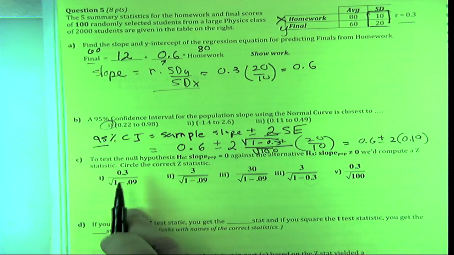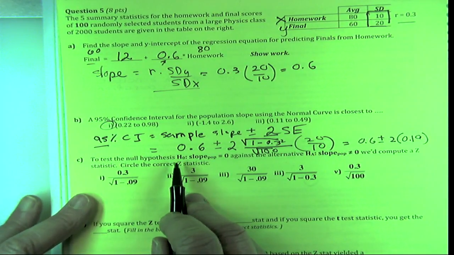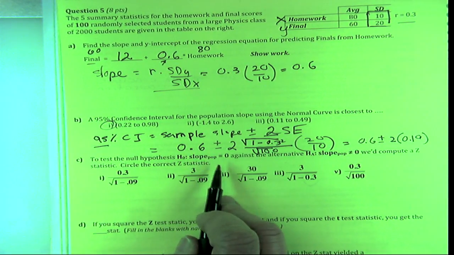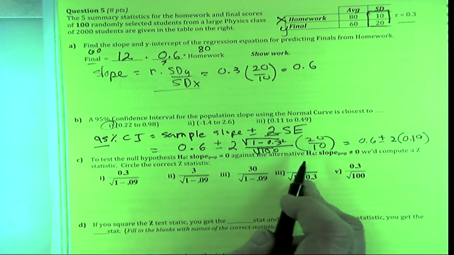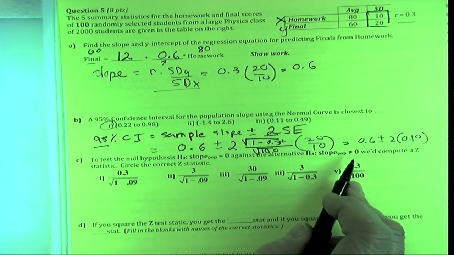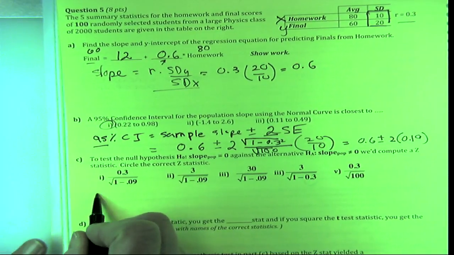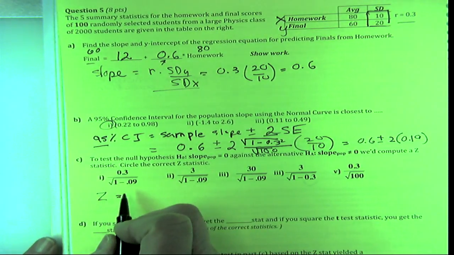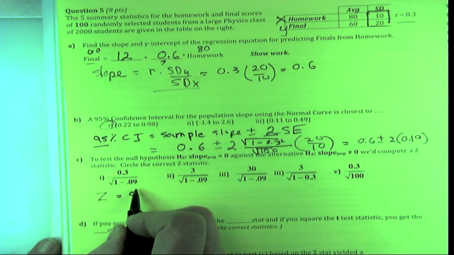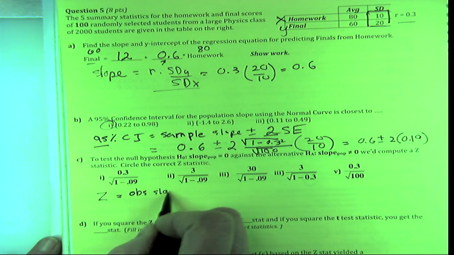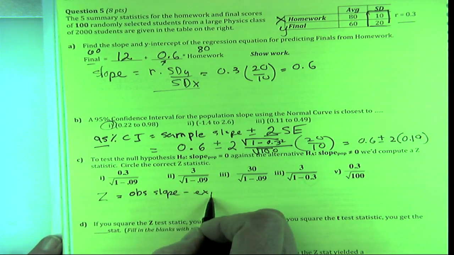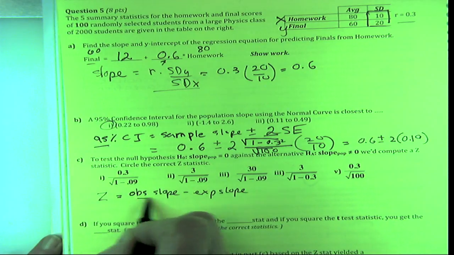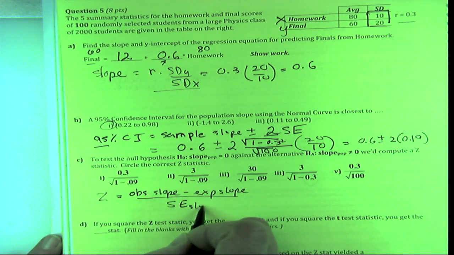Okay, now to test the null hypothesis that the population slope is 0 against the two-sided alternative that it's not 0, we'd compute a z-test. What is your z-test usually? Here it's the observed slope minus the expected slope over the standard error for the slope.